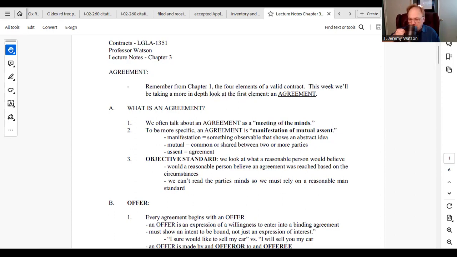Everybody knows what an agreement is, right? Well, not necessarily. Because remember, this is the law, and what is or is not an agreement doesn't depend on Webster's dictionary necessarily. It depends on what the common law is. What have the courts decided is the meaning of an agreement.